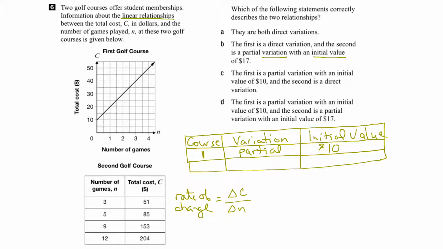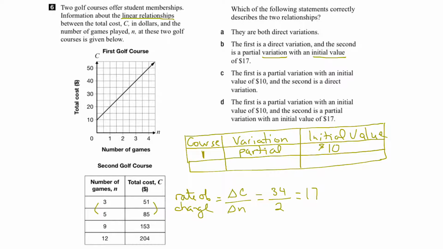Well, we could look at the difference between any of the values. Why don't we choose these couple right there? So the change in C would be 85 minus 51, which would be 34. And the change in N would be 5 minus 3, or 2, which we can reduce to 17. What that means is that each game we play will cost us $17.